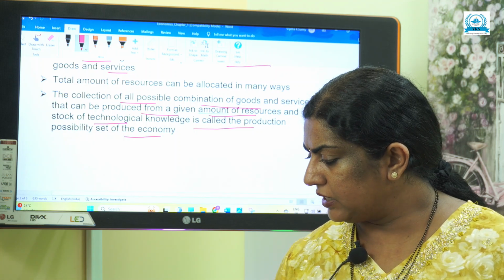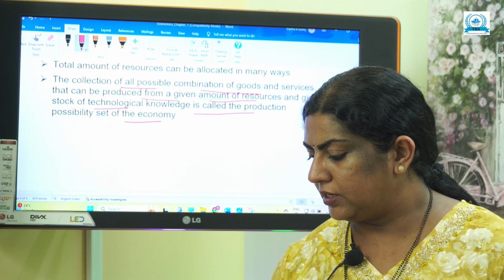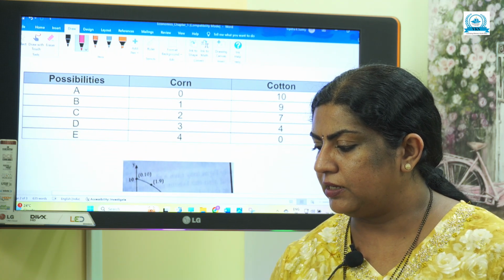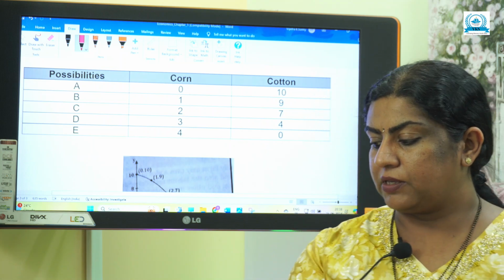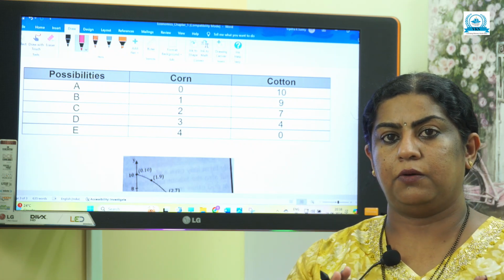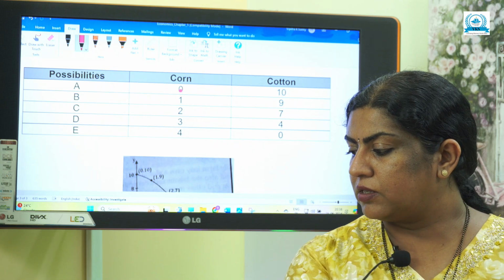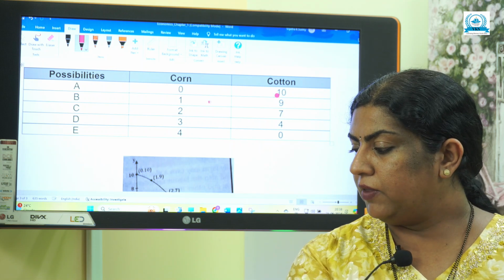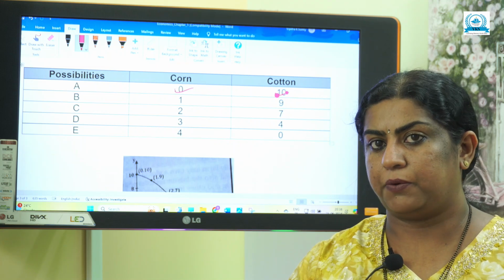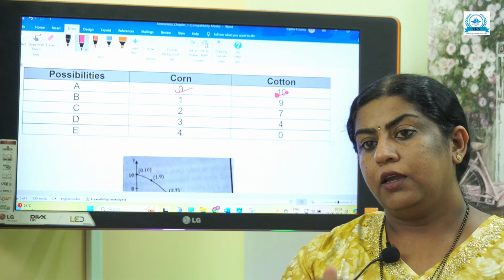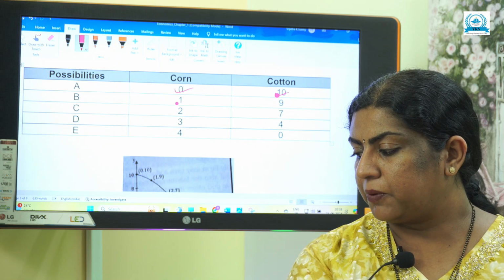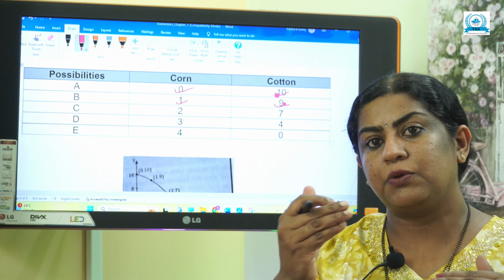So if I explain it with a table, you will understand it a little more clearly. Here you see you have possibilities. The first possibility is, if you number the resources as 10, and all the resources are used for the production of cotton, then you will have 0 units of corn and 10 units of cotton produced. In the second possibility, if you use one unit for the production of corn, then the production of cotton will reduce to 9.